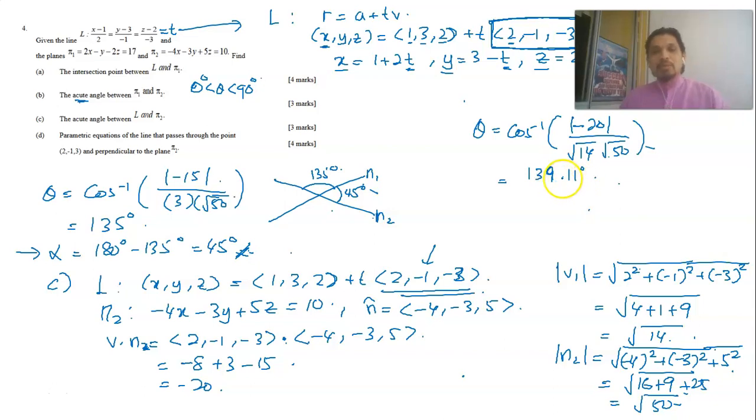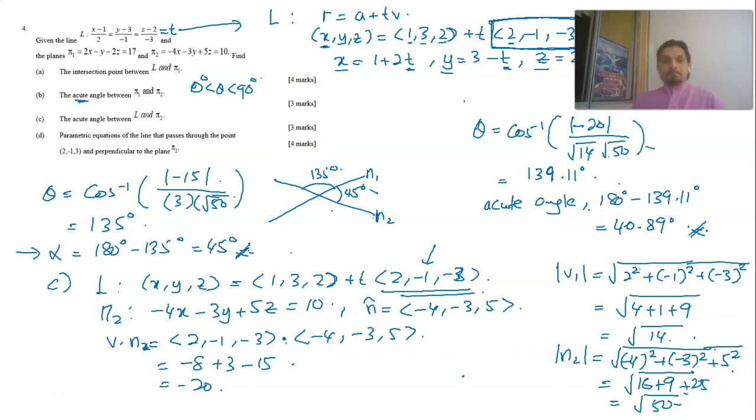So this is not an acute angle because it is greater than 90 degree. So the acute angle is 180 minus 139.11 degree, that equal to 40.89 degree.